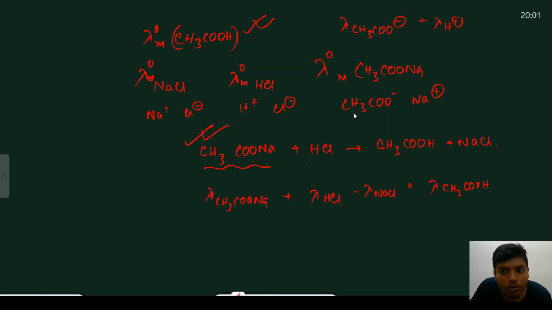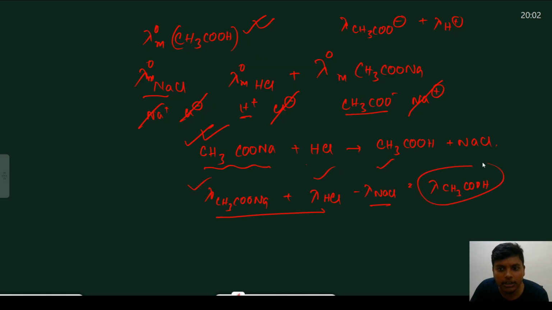So what do I have to do? I have to add these two and subtract this one, because here Na plus and Cl minus you have to subtract. So you add these two and subtract NaCl. Clear? Any values given, these values will be given. So how to calculate? Understood? Yes or no?